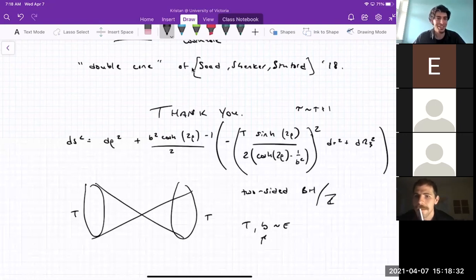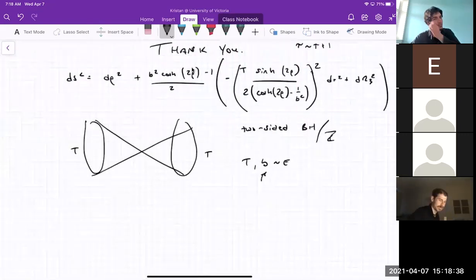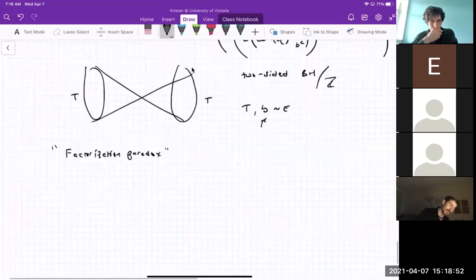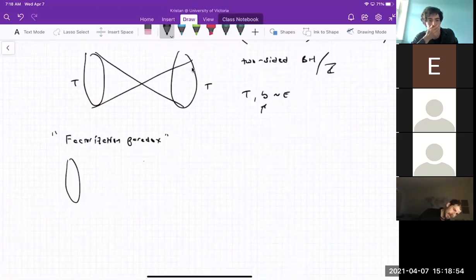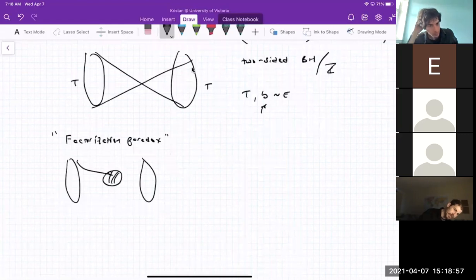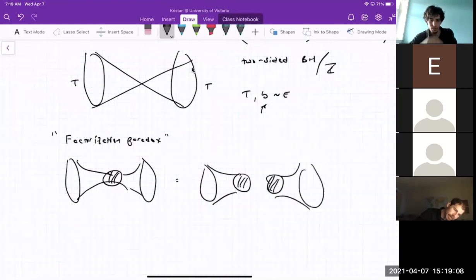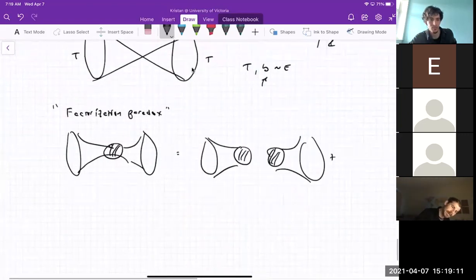So this is what you're asking about. Just for this, maybe something that most people in the audience know, but this is what I was alluding to with the factorization paradox, which is that these geometries contribute to the two boundary problem in AdS, which if we were to represent that as a sum over geometries, you would include disconnected contributions plus connected.